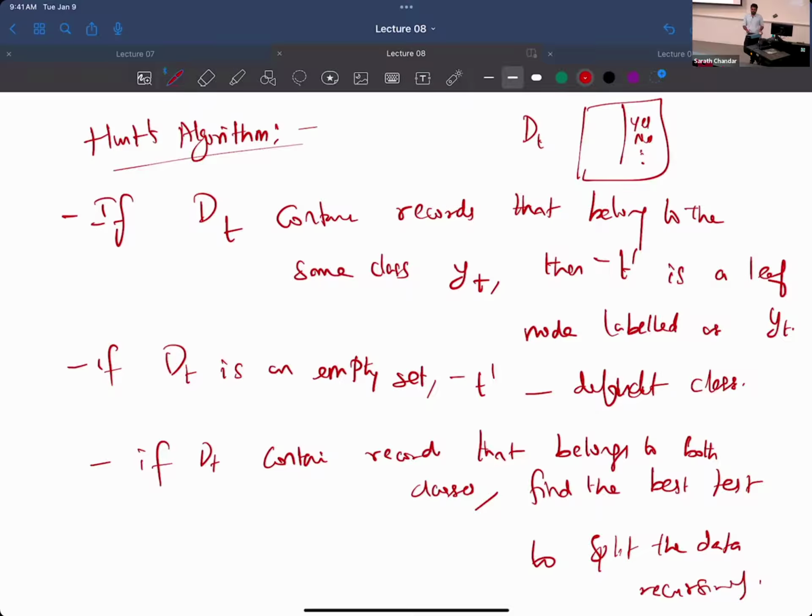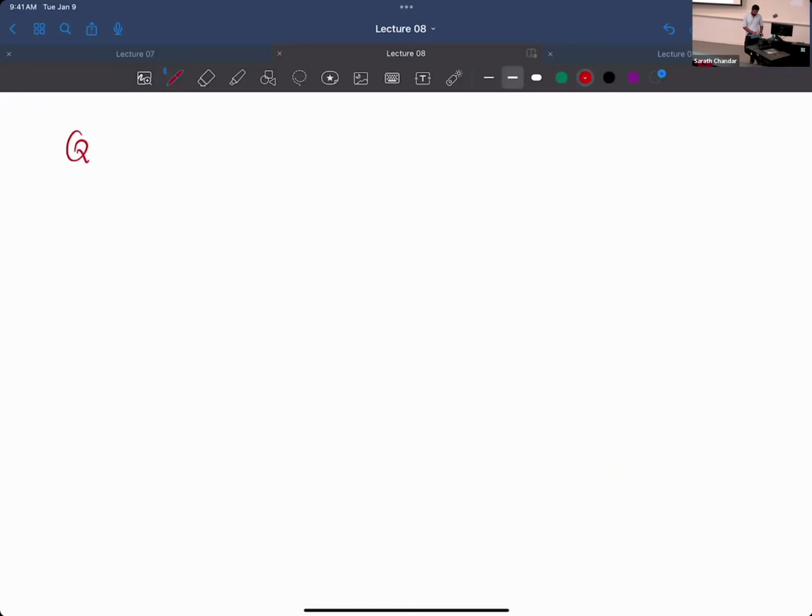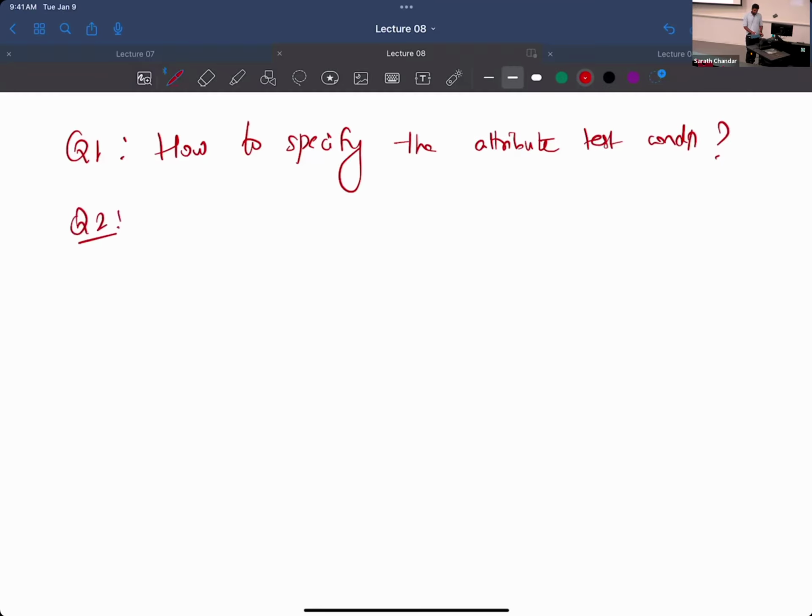Now there are certain design choices that we need to make in this recursive splitting, which is what is going to differentiate different algorithms. We're going to look at three different questions. The first question is how to specify a test: how do I come up with the test condition for each node, that is, how to specify the attribute or feature test condition. Then, once I have a bunch of tests, how to determine the best split.